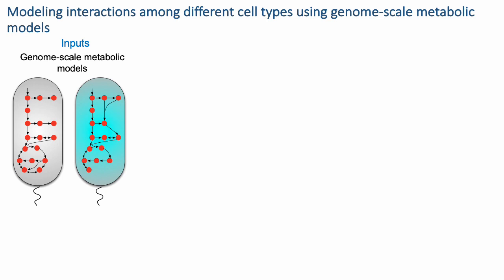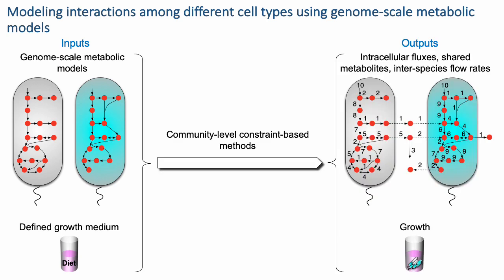So we provide here as the input the GEMs of metabolism, for example, for microbial species that are present in a community, and then for a defined growth medium, which is determined by diet for human-associated microbiomes, we can use these community-level constraint-based methods to computationally predict the growth of different microbes in the community, and more importantly to predict what metabolites are possibly exchanged among the community members and the exchange levels. Therefore, this approach is able to address the knowledge gap that I talked about before, that is, which microbes produce or consume which metabolites in the community.